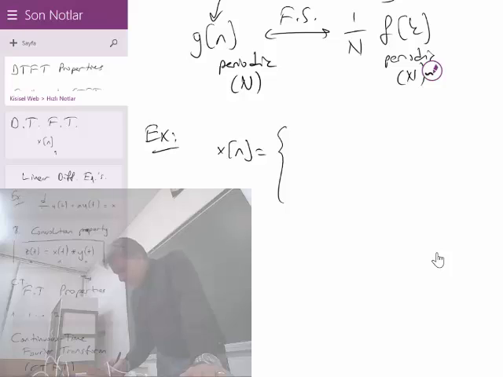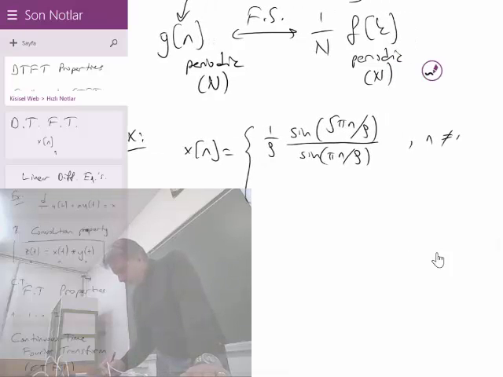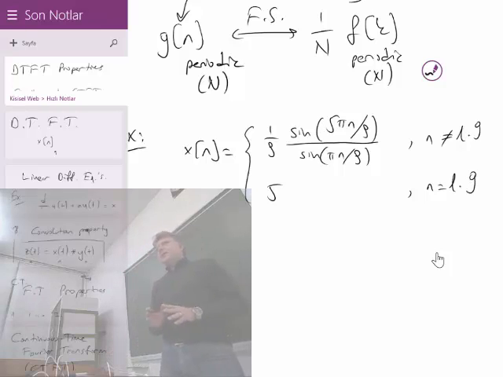It is equal to 1 over 9 times sine of 5 pi n over 9 over sine of pi n over 9, for all n not an integer multiple of 9, in other words, and it's automatically equal to 5 when n is an integer multiple of 9. So the DC value is 5.